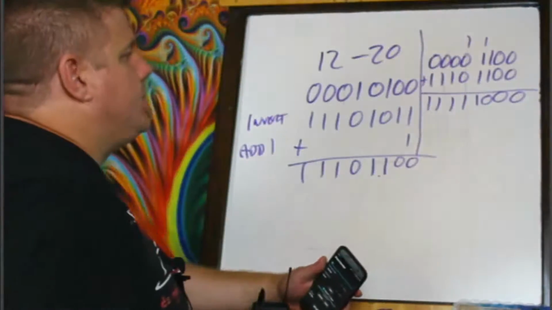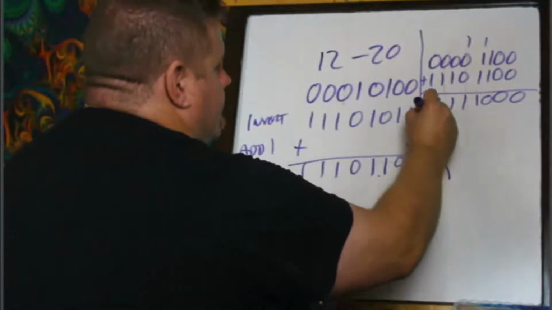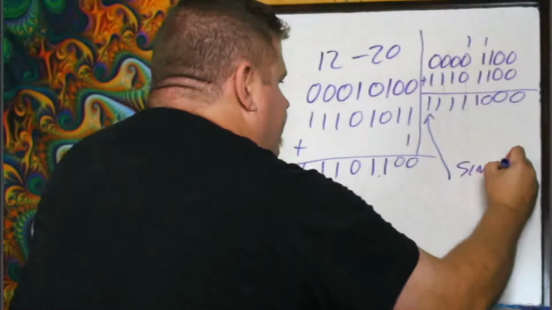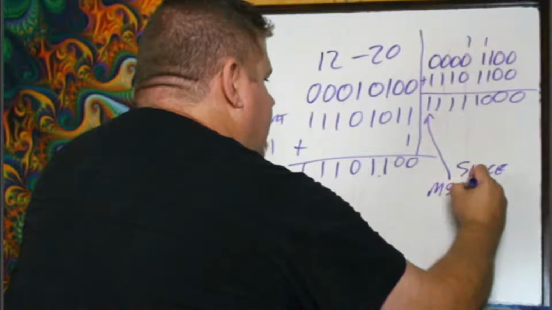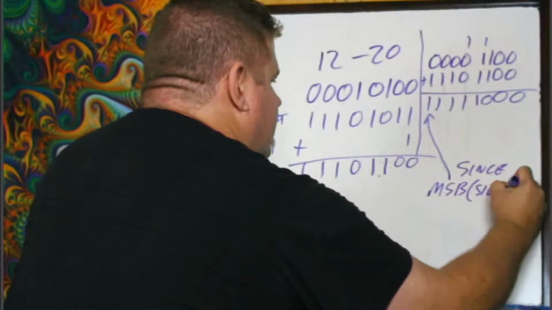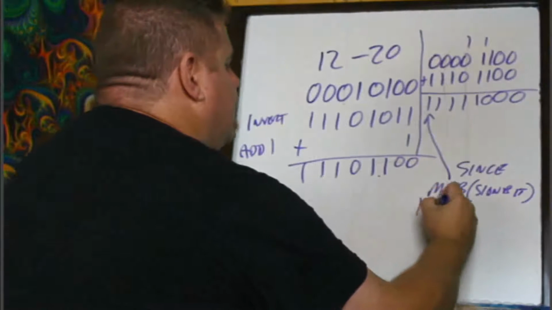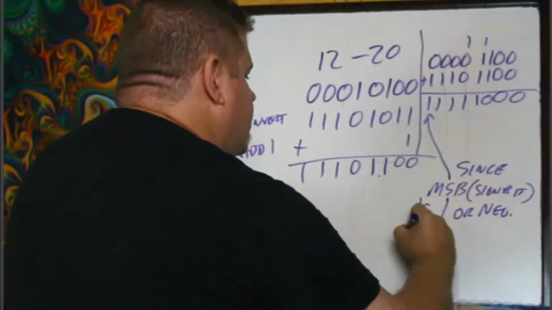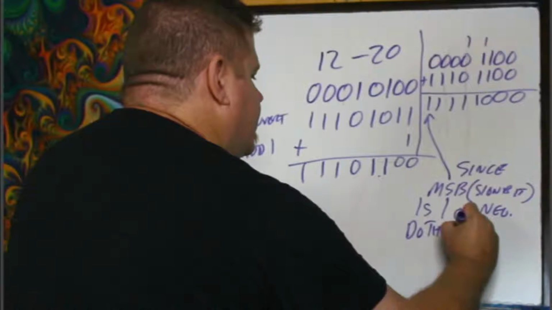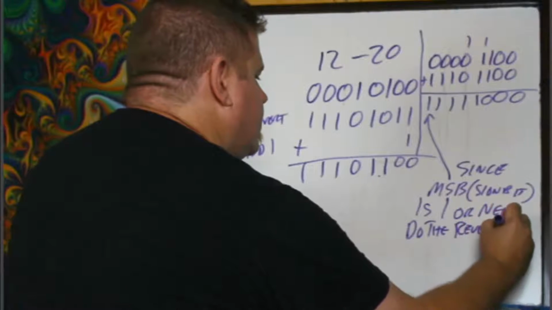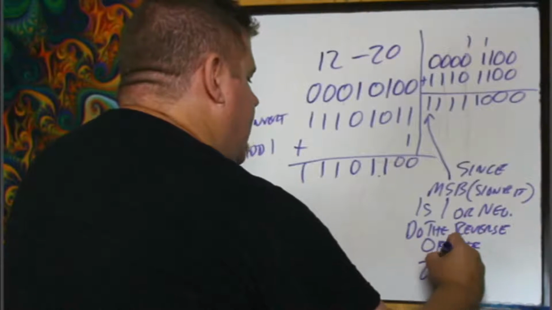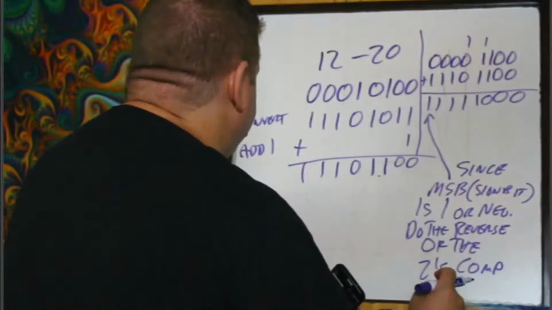Right. Now, this time, since the MSB, or the sign bit, is 1 or negative, do the reverse of the 2's complement, in that order.